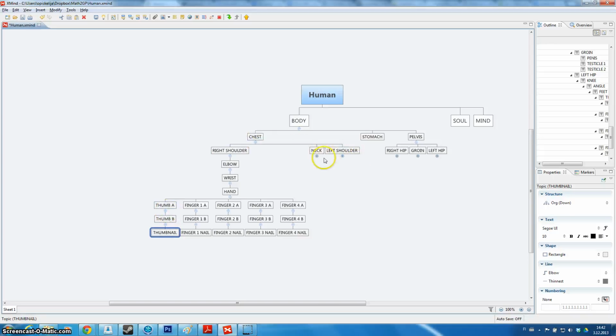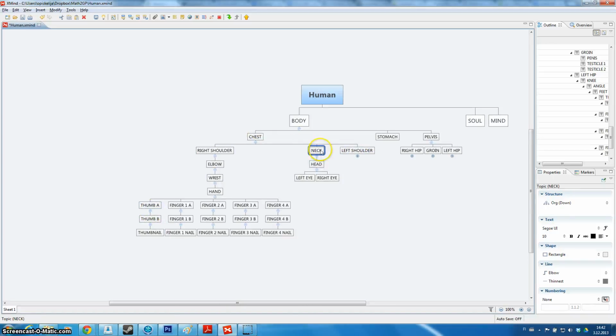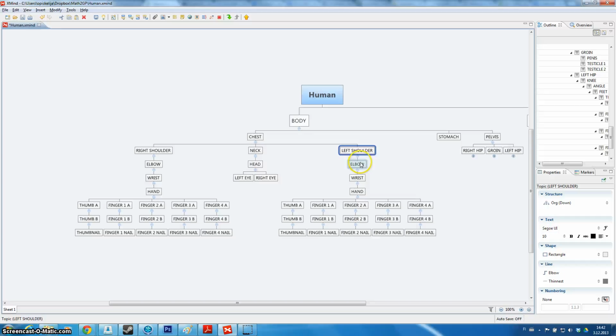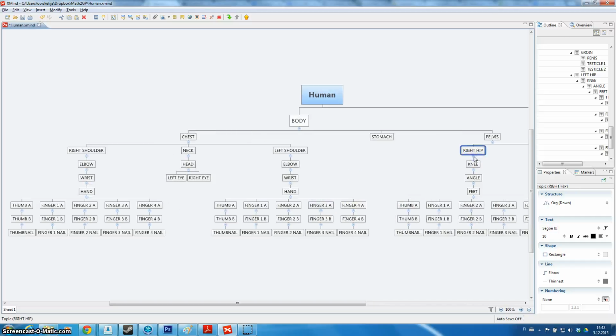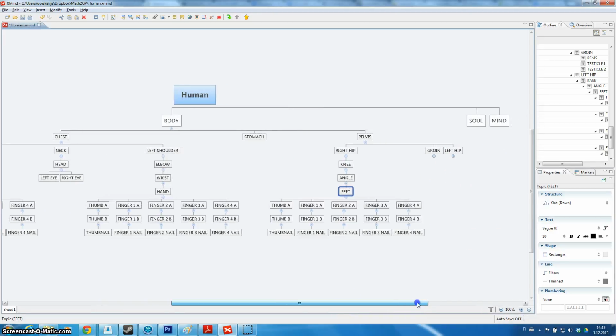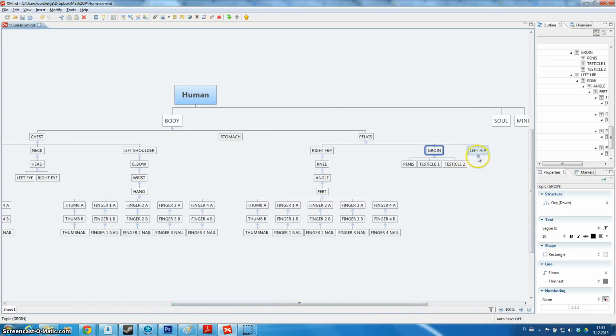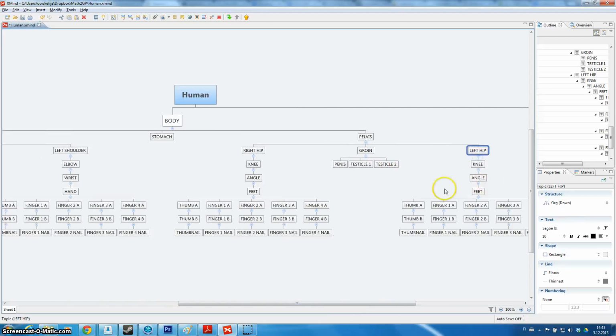And the same thing with the neck. When we change the neck, we change the position of the head, and in the head we have eyes. And as with the left shoulder, we have the same things. And the same thing happens with our ankles and feet, and we have groin, and then we have a left hip, and that's how we are.